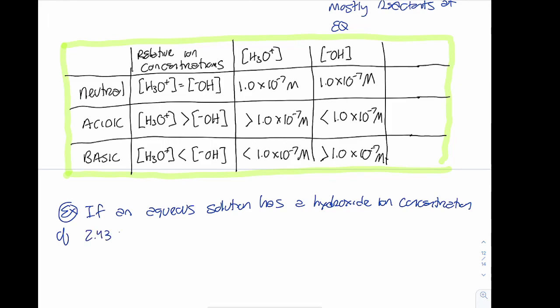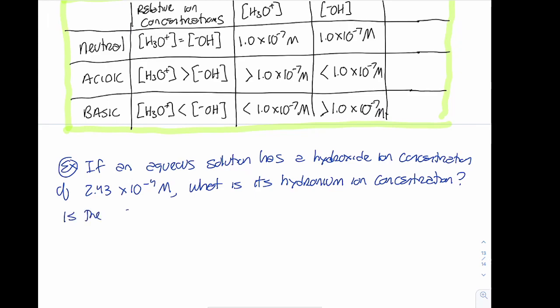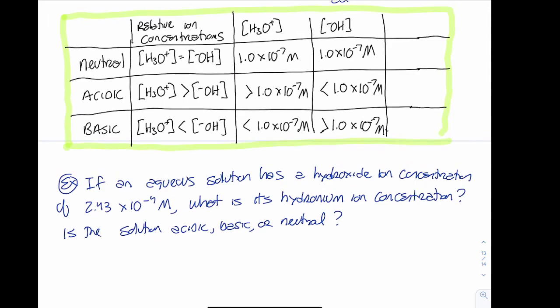So if an aqueous solution has a hydroxide ion concentration of 2.43 times 10 to the negative 4th molar, what is the hydronium ion concentration? And then is the solution acidic, basic, or neutral?